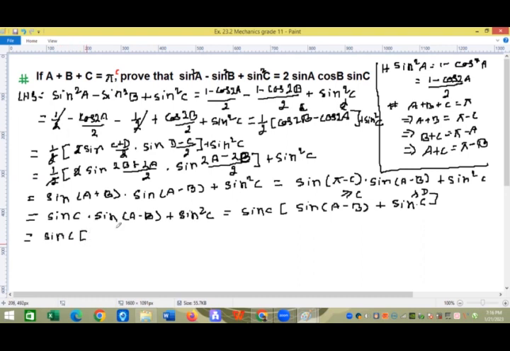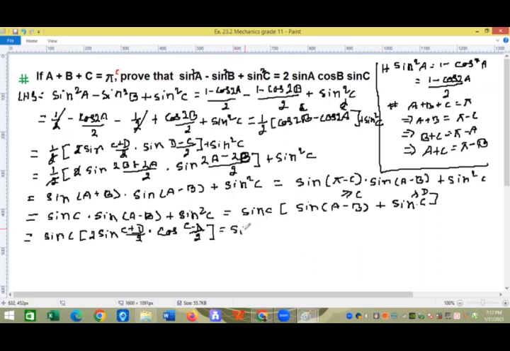Sine C plus sine D is given by 2 times sine C plus D by 2, times cos C minus D by 2. Although it is not necessary to write this formula, for better understanding I am writing it here.